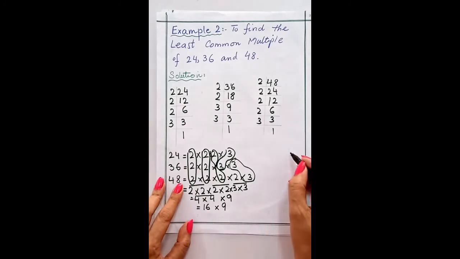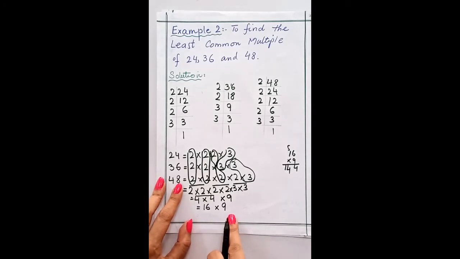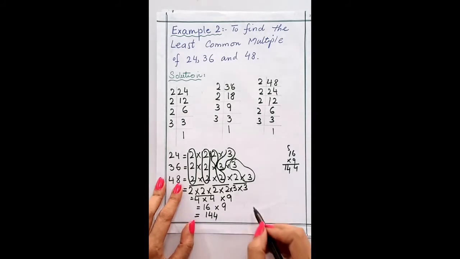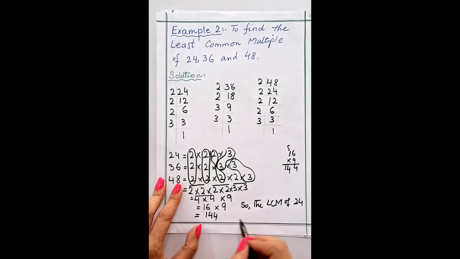Now 16 multiply by 9. 9 6s are 54. 9 1s are 9, 10, 11, 12, 13, 14. So 144. 16 multiplied by 9 is 144. So the LCM of 24, 36 and 48 is 144.